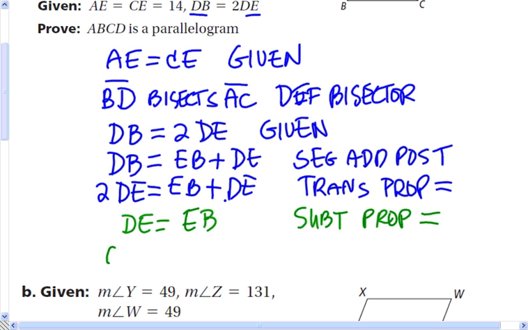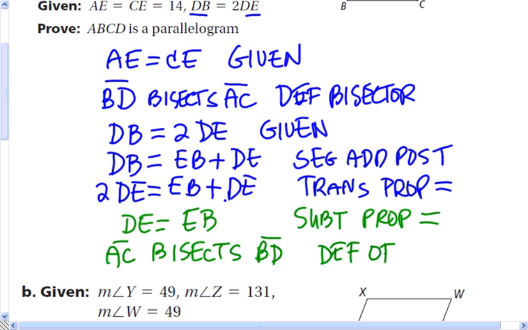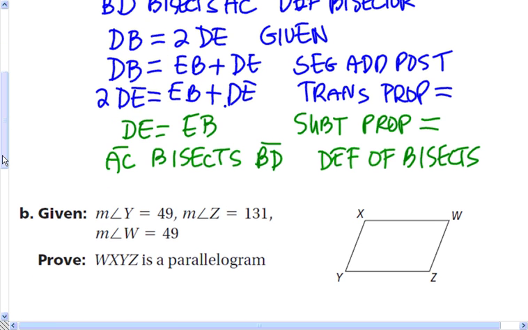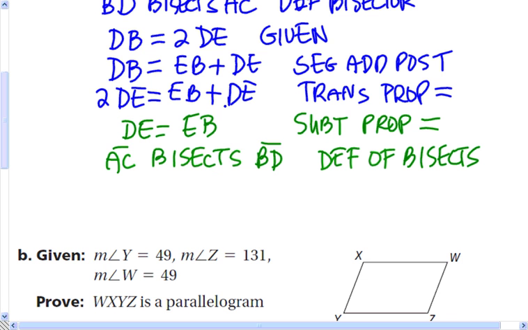And now that we know that AC bisects BD by definition of a bisector, we know that we have the diagonals bisecting each other, both of them.